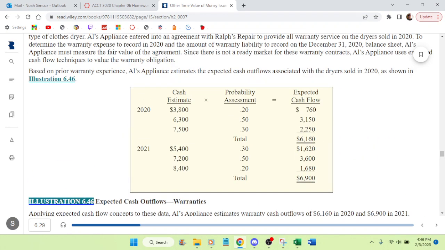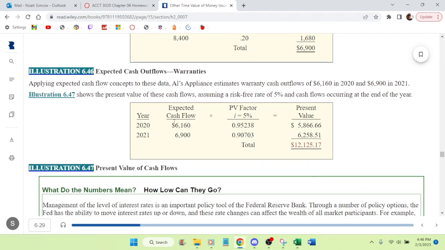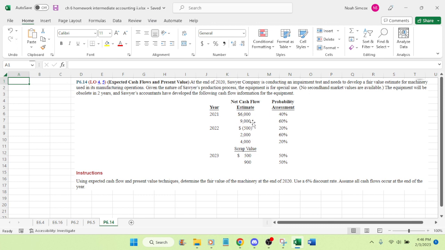So we have the expected for the end of 2020, the expected for the end of 2021. Then we figure out the present value of this and the present value of this. So we just have separate present values for both of those numbers, and then we add them together. So I think that's how we do it. First we figure out what the numbers will be, and then we figure out the present value of the numbers.